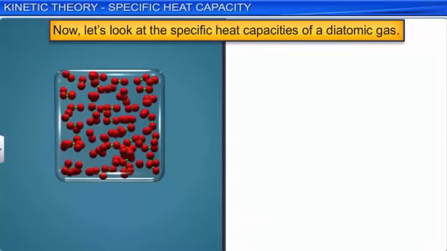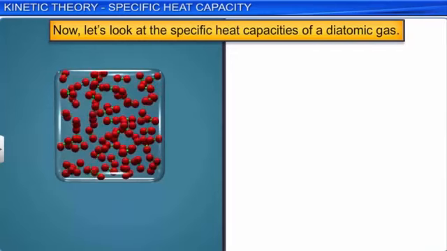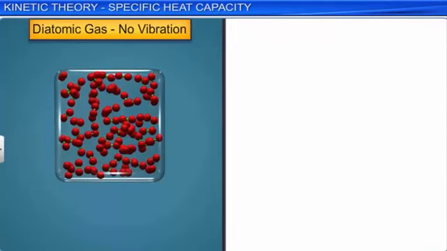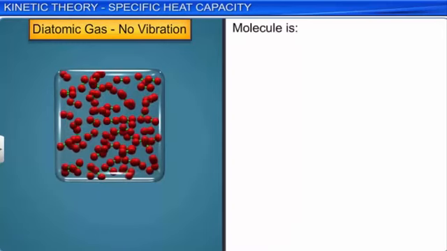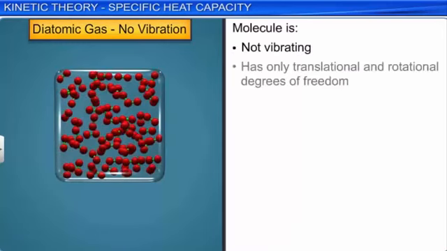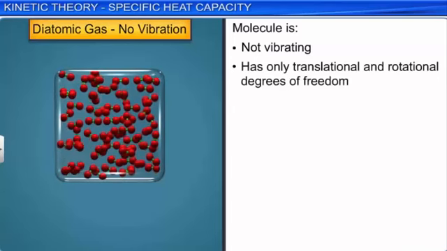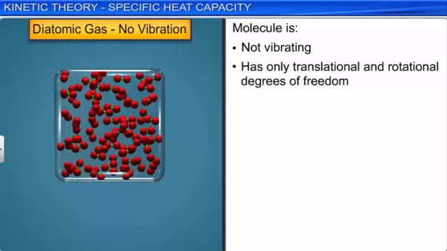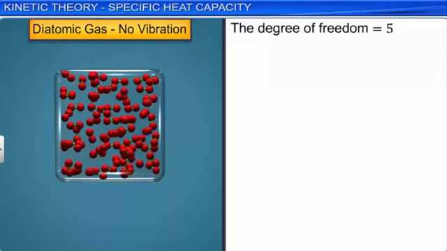Now, let's look at the specific heat capacities of a diatomic gas. In the first case, we will consider that the molecule is not vibrating and that it has only translational and rotational degrees of freedom. Then, the number of degrees of freedom is 5.